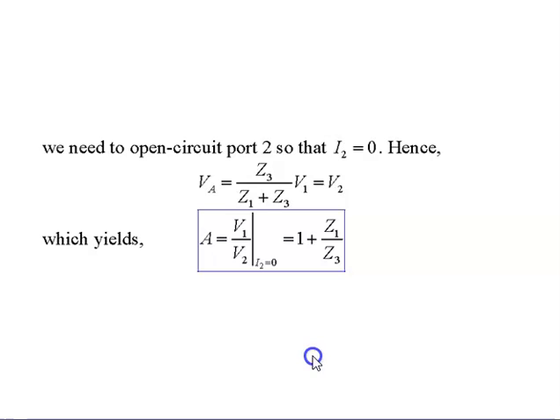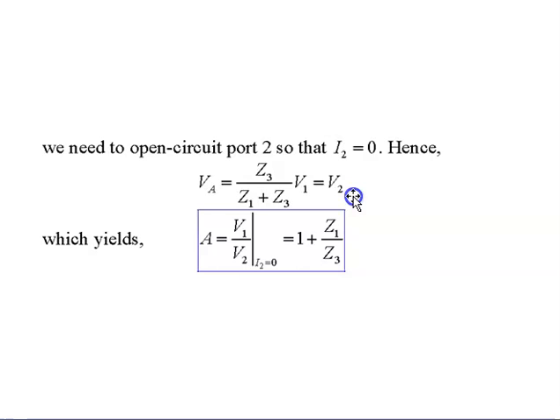So you open circuit port 2 so that your I2 is equal to 0. Hence, you will have VA is equal to Z3 over Z1 plus Z3 times V1, which will be equal to V2. So this is the voltage divider.